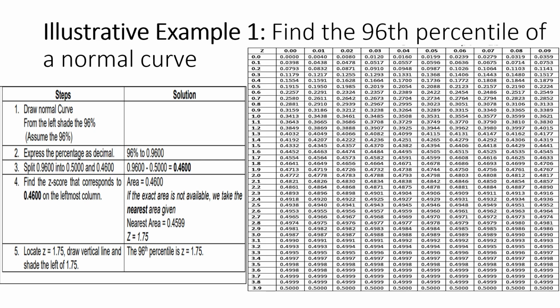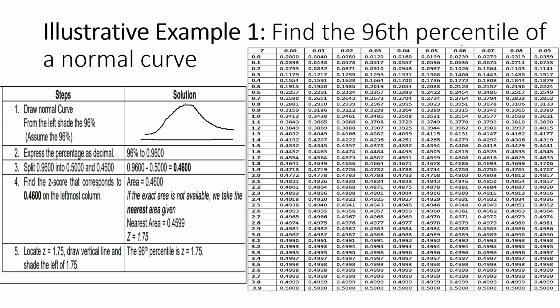So let us have example number 1. We find the 96th percentile of a normal curve. We have 5 steps on how to find it. The first step is we draw a normal curve and, from the left, shade the 96%. So we start at the left. Let's draw first the normal curve, assuming that this is a perfect normal curve.